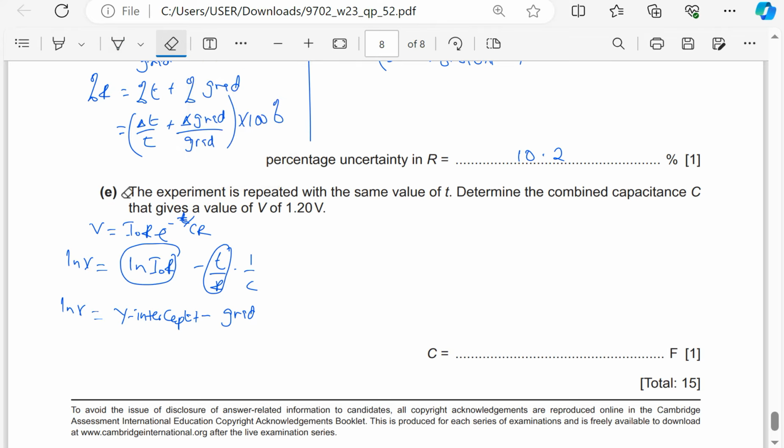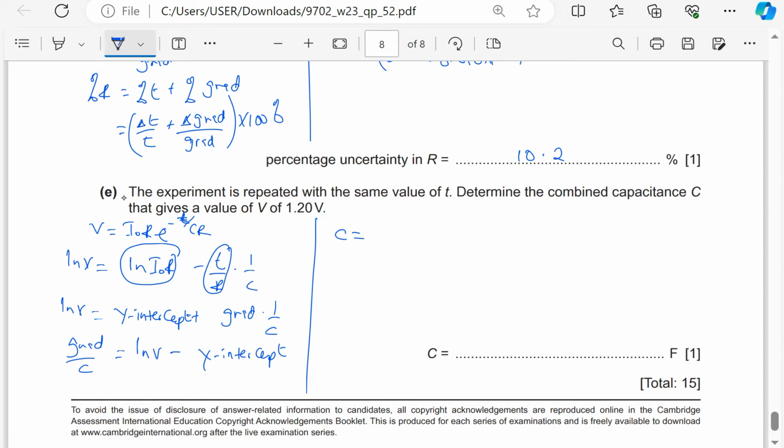So I'll say plus the gradient times 1 over C. So this means the gradient over C is going to be ln of V minus the y-intercept. So now I can say C is going to be the gradient divided by ln of V minus the y-intercept.